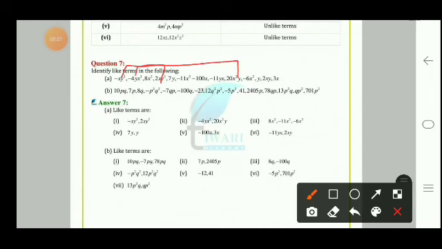In this way we just have to see their variables with the degree. If the variables have the same degree, then they are like. Then we have 8x square, 11x square, and 6x square. Then 7y and only y. Then 100x and 3x. Then minus 11xy and 2xy.